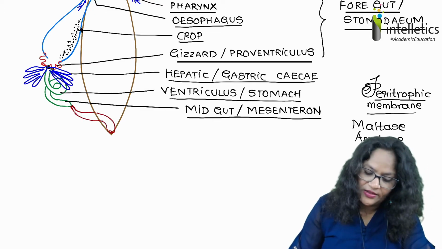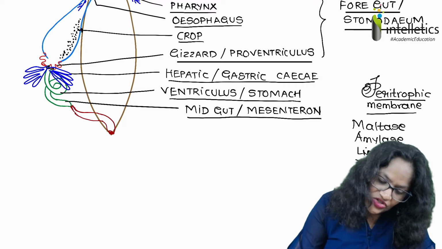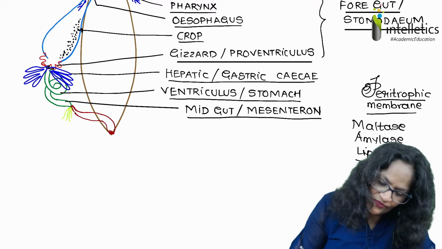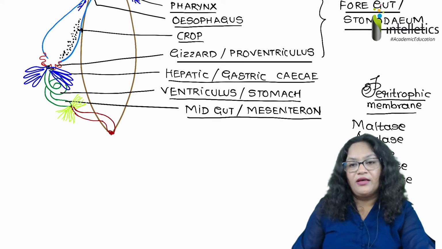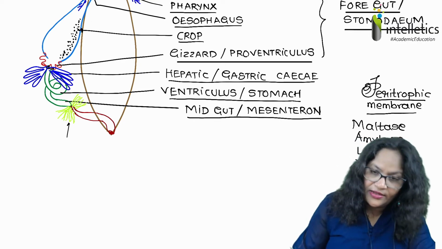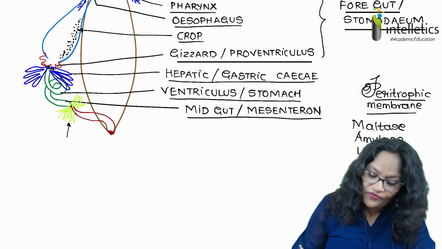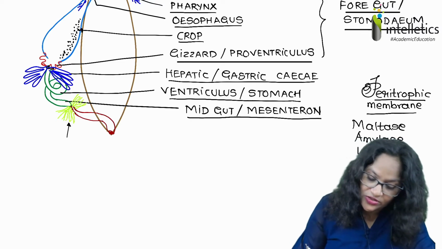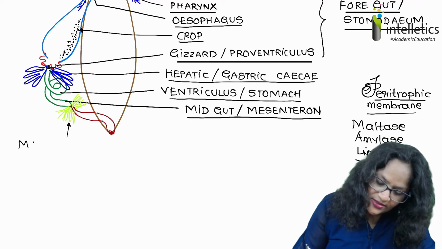ओके, ये नेक्स्ट पार्ट है। एंड अगेन इस जंक्शन पर देर आर मेनी 100 to 150 hair like structures that are found at the junction of the midgut and the hindgut. So at the junction of the midgut and the hindgut, there are 100 to 150 fine hair-like structures which are called as the Malpighian tubules.